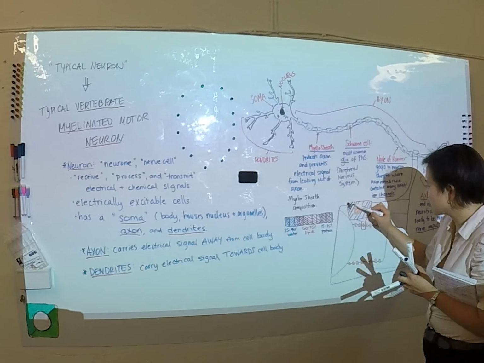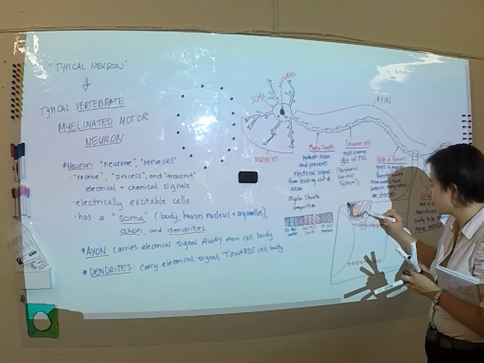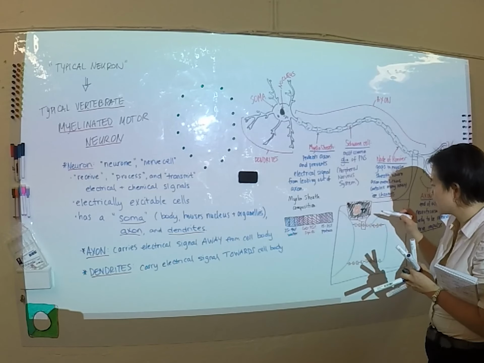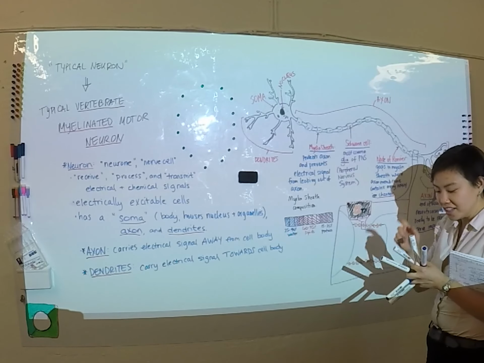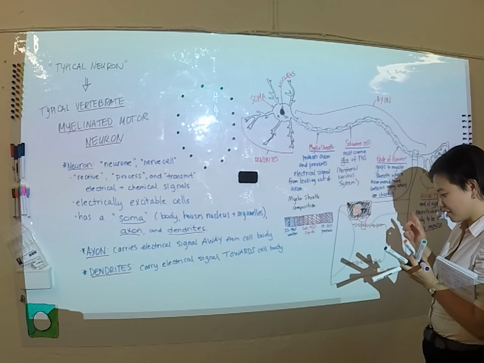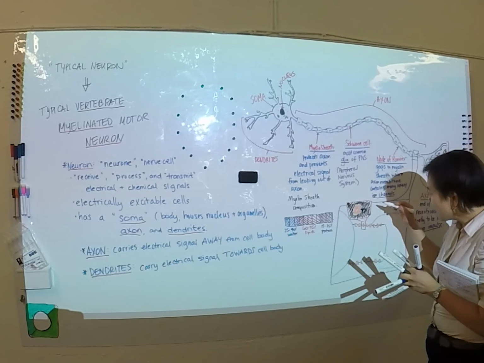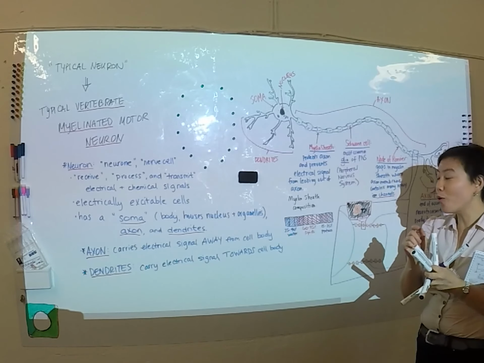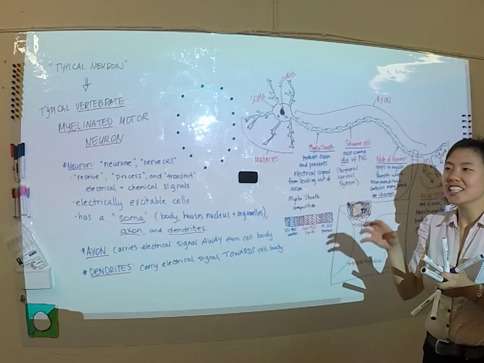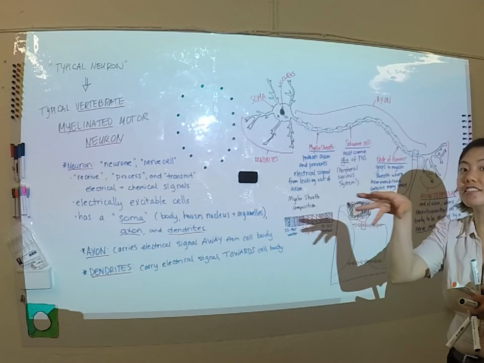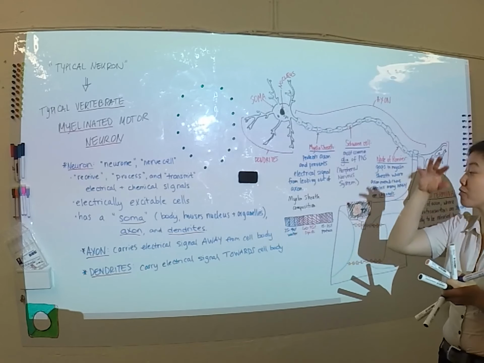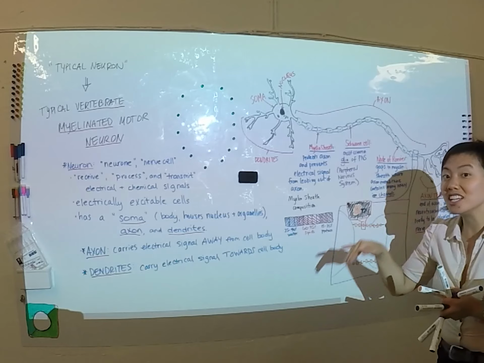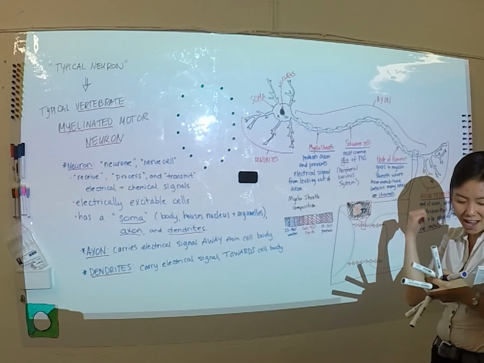Let me make this a little clearer that this is all filled in. And if you notice, there's a tiny hole here in the middle. That tiny hole is the ion channel. It's like a hole or a pore or a tunnel where ions can go through from the outside of the cell membrane. So in this case, from the outside of the axon to the inside of the axon, or from the inside to the outside.